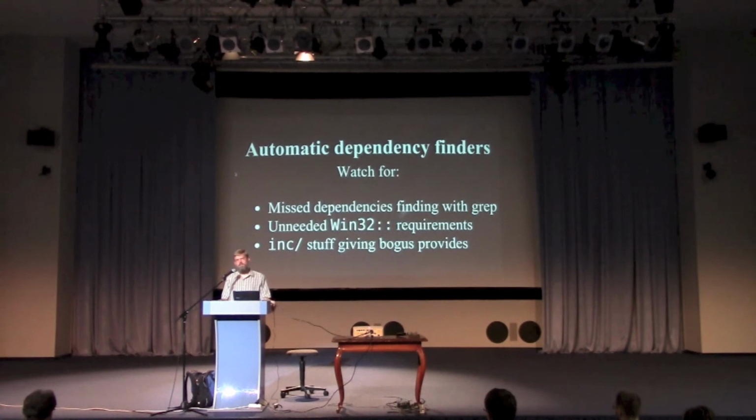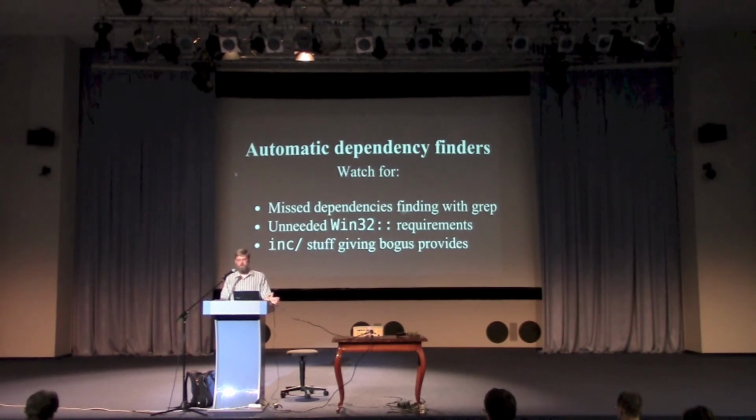Well, the automatic dependency finders are surprisingly glorious hacks that are mostly grep, and so they make mistakes. If you have CPAN modules that do any runtime requires or any string munging to create a package name, it's very easy for cpan2rpm to be fooled.